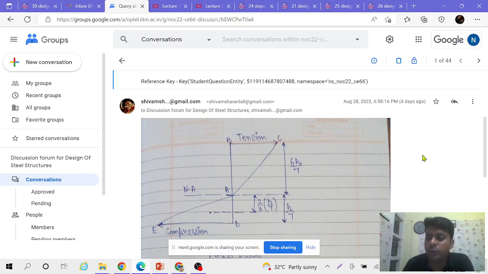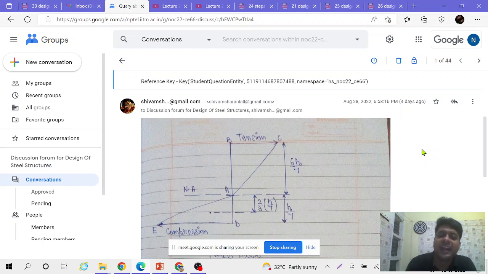Shivam, do you recall from strength of materials class that when we are analyzing a beam, a cantilever beam or a simply supported beam, we draw the stress distribution above the neutral axis and below the neutral axis?